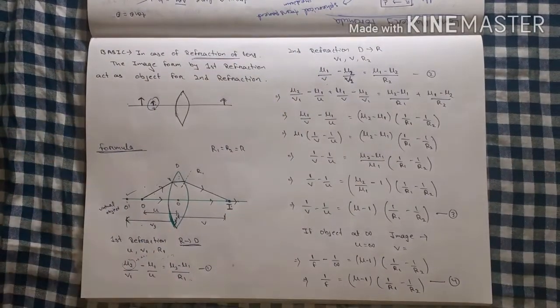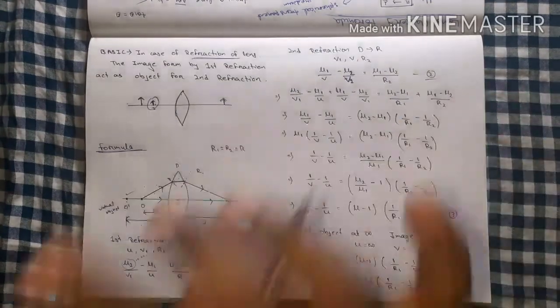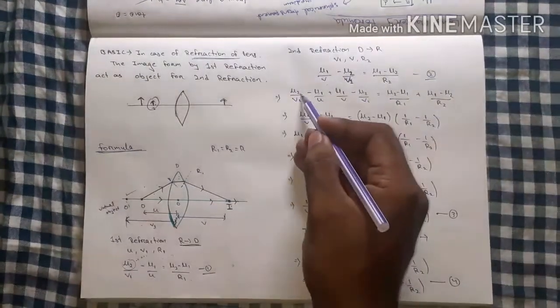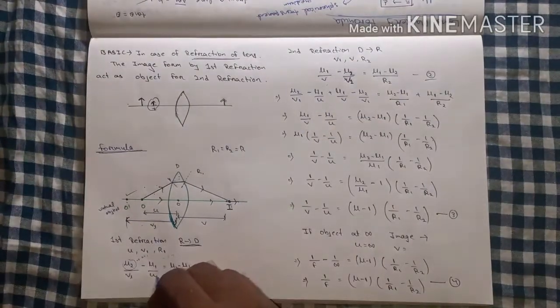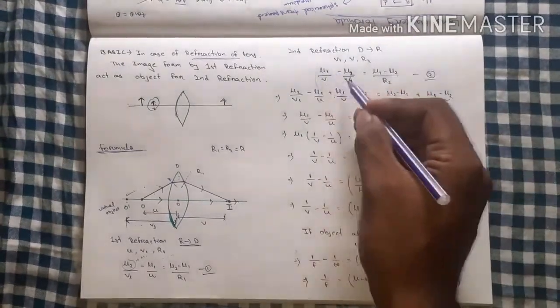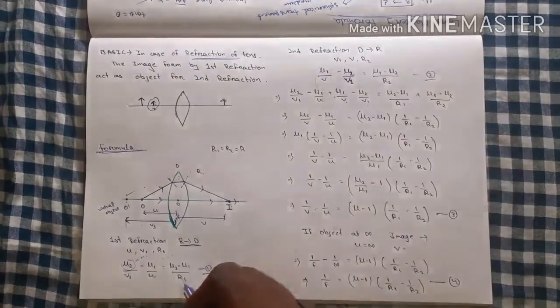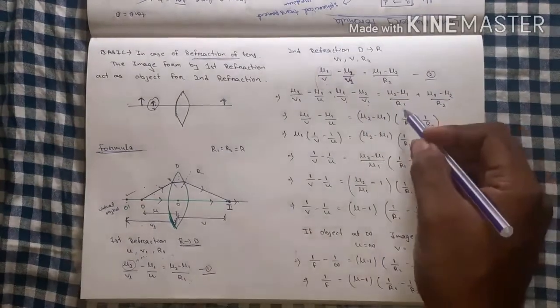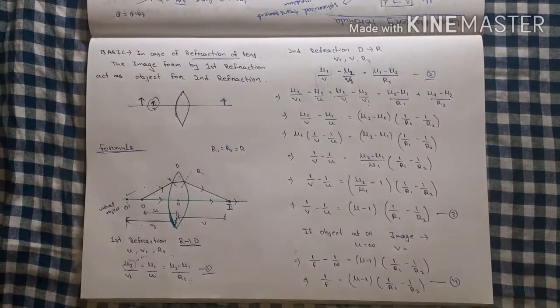Okay? Then this is the first equation. This is the second equation. Adding both equations, mu2 by v1 minus mu1 by u plus mu1 by v minus mu2 by v1, and on the RHS (mu2 minus mu1) by r1 plus (mu1 minus mu2) by r2.